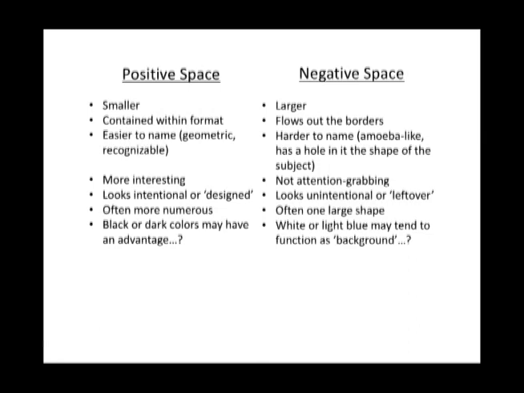But anyway, you tell me if you think that's true. I think that these are some of the most important factors that tend to make a shape look positive or tend to make it look negative. And you'll probably find other qualities that you can add to this list as you work on assignment 3.